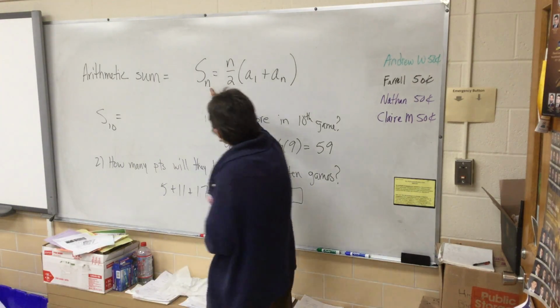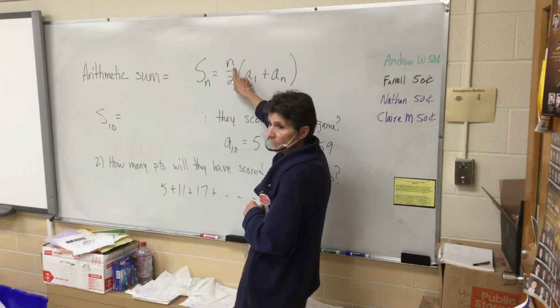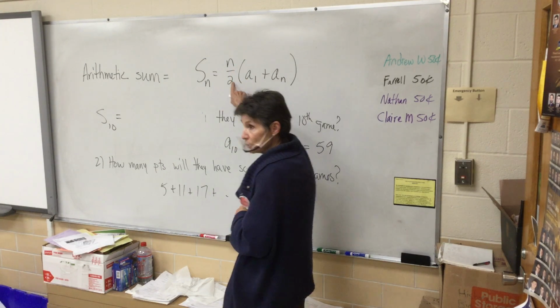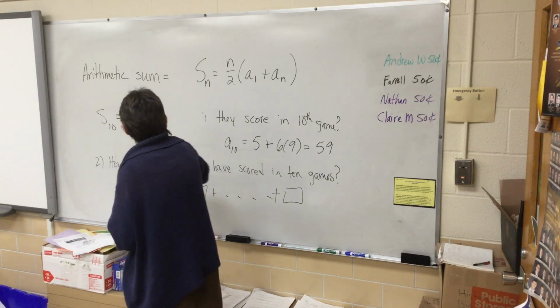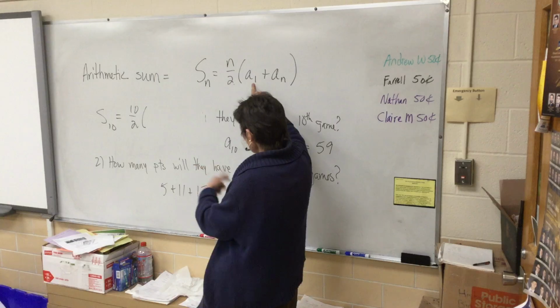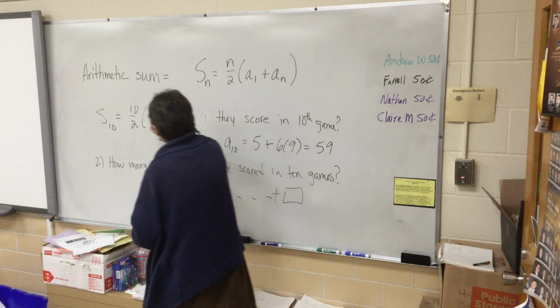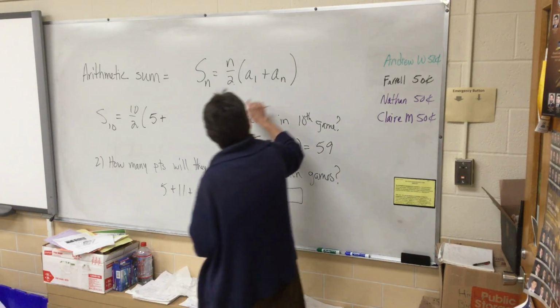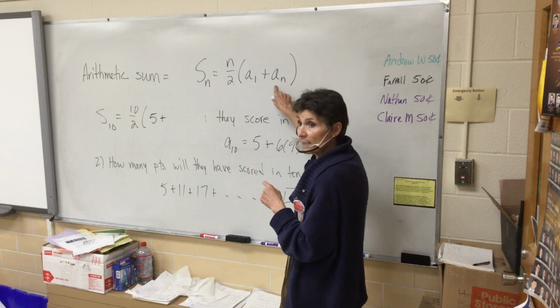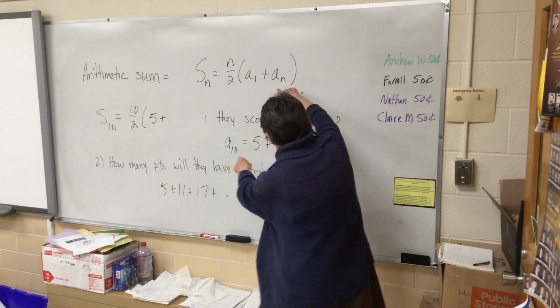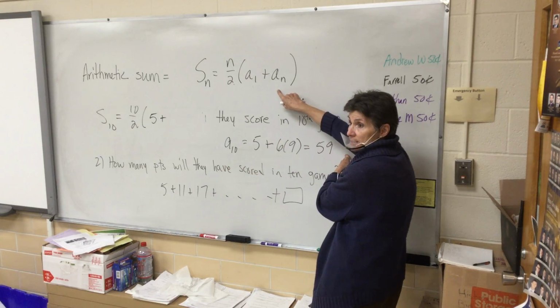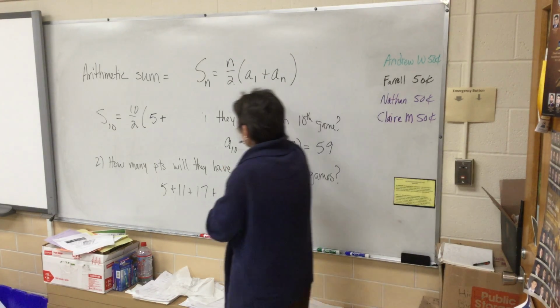So if N is 10, then my formula says 10 over 2, A sub 1 is the first term, which is 5, plus, what's this? A sub 10, and didn't I just figure that out? A sub 10 is 59.